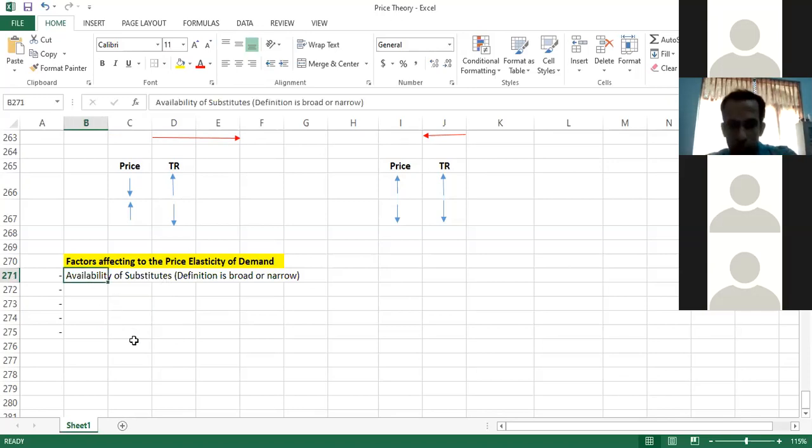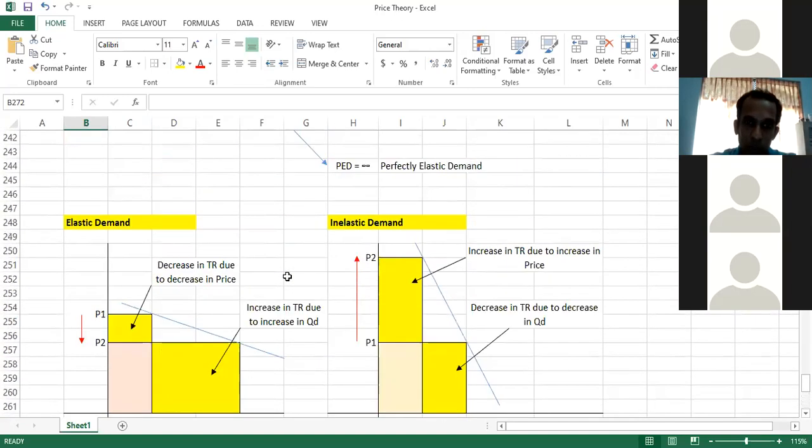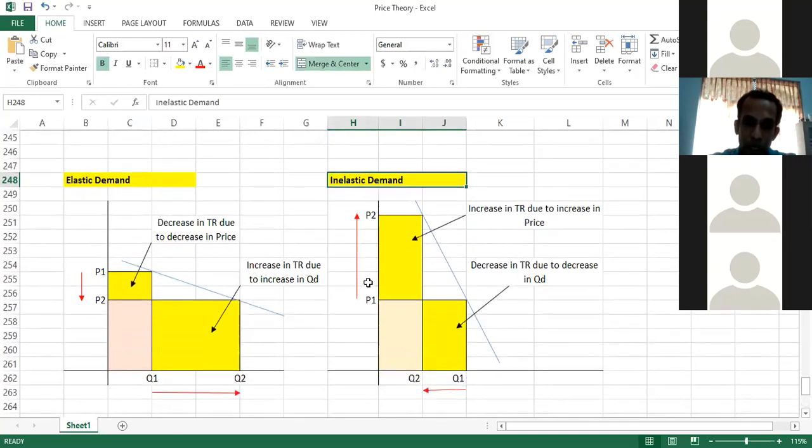For that, very good examples are oil and nowadays maybe electricity. These are products without proper substitutes. It is very difficult to meet the requirement without these products. So that's why these products have very inelastic demand. When there are no substitutes, demand will be inelastic.